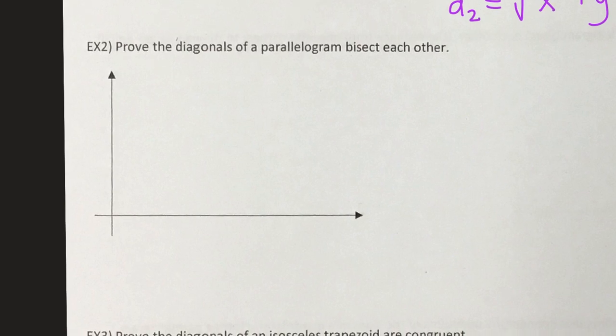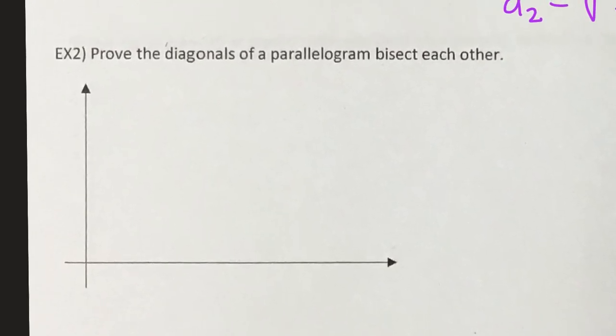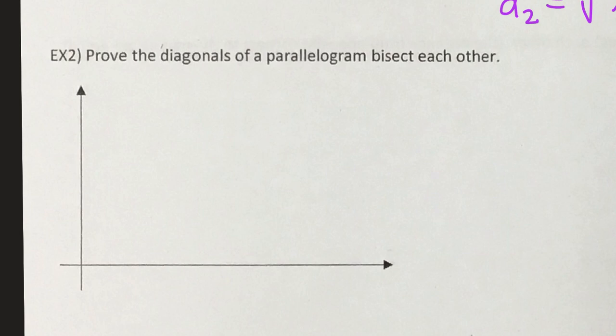Number 2 then. Prove that the diagonals of a parallelogram bisect each other. Okay? So let's draw in our parallelogram. One corner goes here at 0, 0, at the origin. Now, here we're moving in both the right and the left direction.